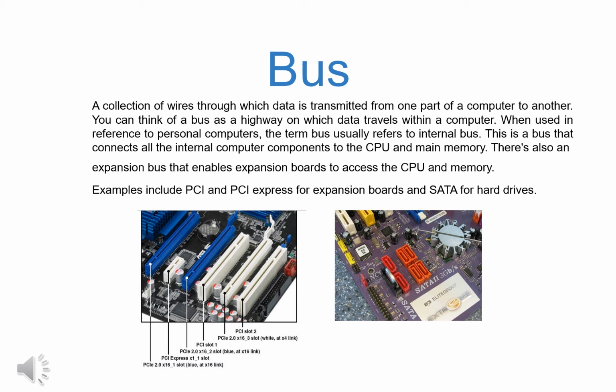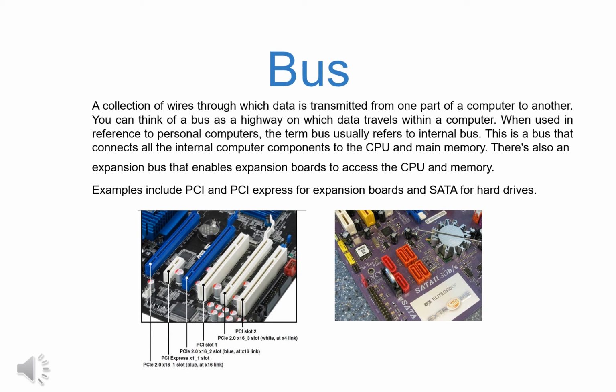Next thing is the buses or wires. Generally, a bus is a collection of wires through which data is transmitted from one part of a computer to another. We can think of a bus as a highway on which data travels within a computer. When used in reference to personal computers, the term bus usually refers to the internal bus.